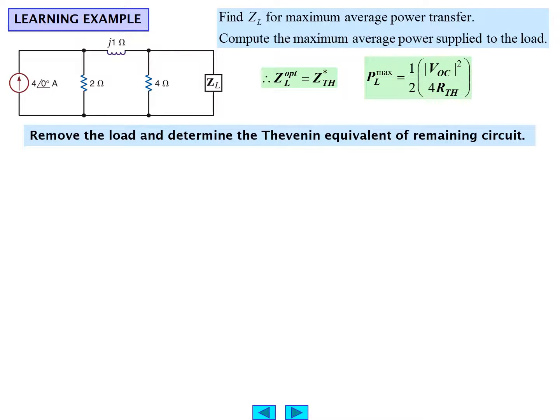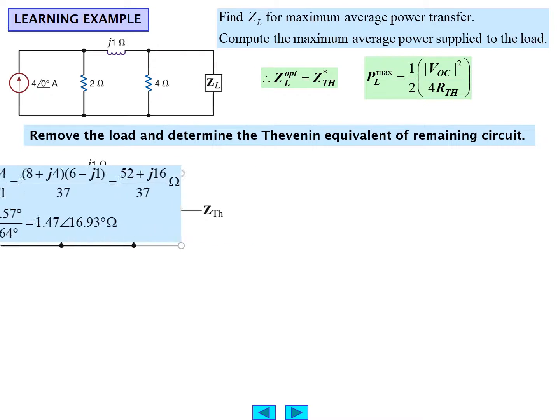We remove the load and determine the Thevenin equivalent of the remaining circuit, because the remaining circuit represents the source, if you will. So the remaining circuit looks like this. When we remove the current source, we end up with an open circuit. So the network looks like a 2 ohm resistor, a j1 ohm reactance, and another 4 ohm resistor. We're looking into those terminals, and that tells us what ZTH is.